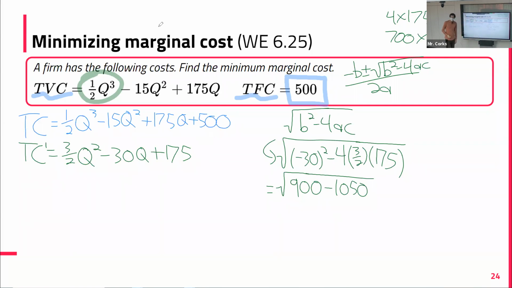So this square root is going to turn out to be negative. So no real roots, no turning points, no minimum. All right, so this function is just constantly increasing.